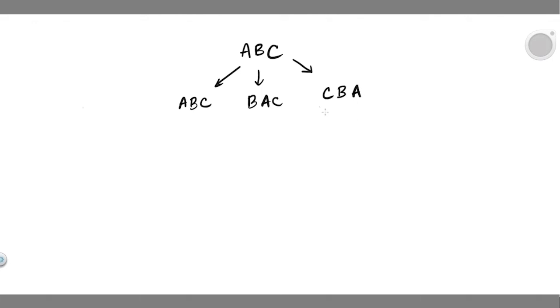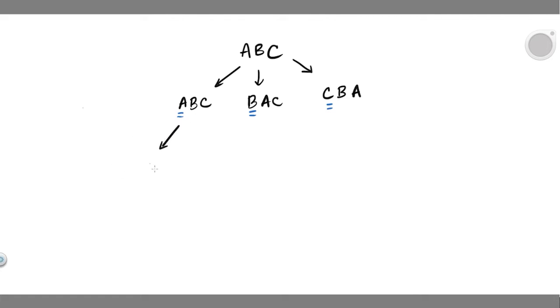Okay, so once we get to this letter, we are going to fix the first character in place. We're not going to mess with it. We're just going to mess with the remaining characters. So what are all the ways that you could potentially swap B and C?